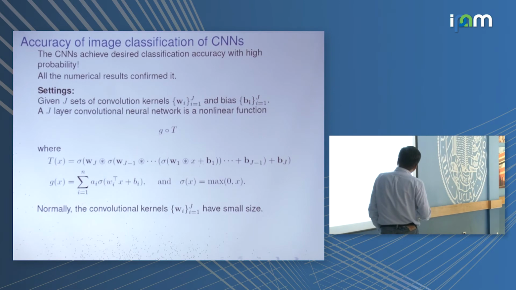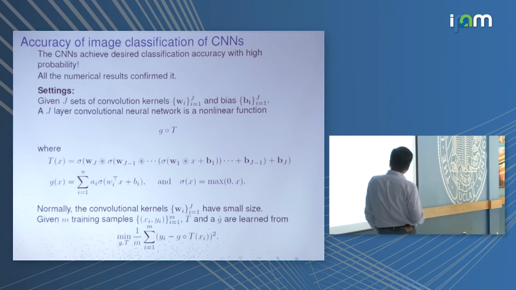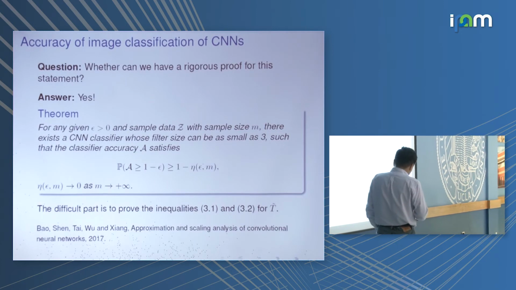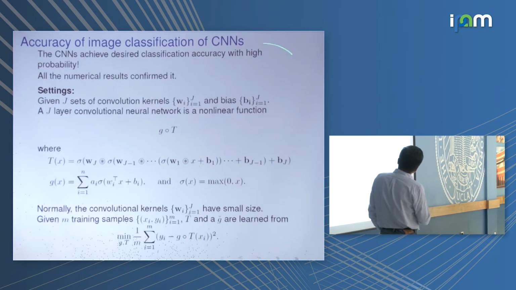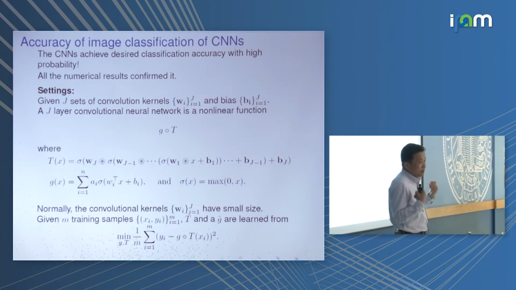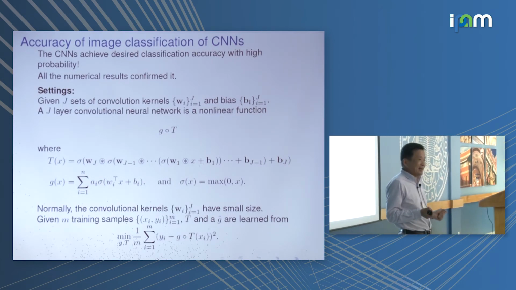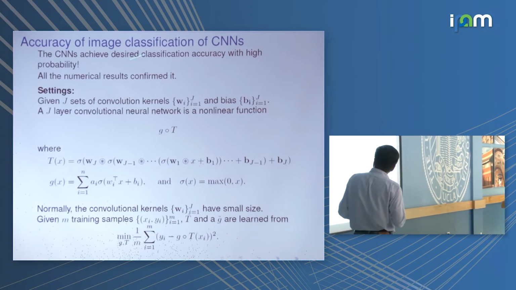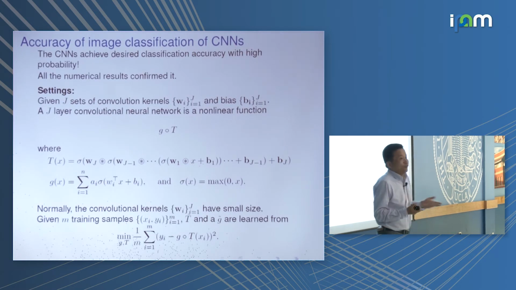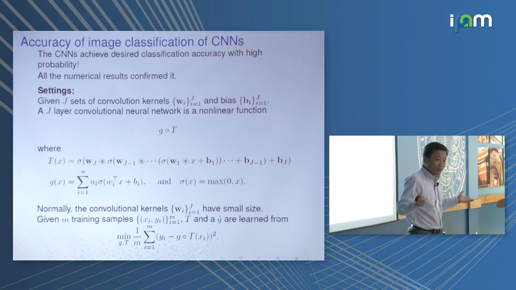So what are the results? All the numerical results tell you that after you train your CNN nicely, it achieves the desired classification accuracy with high probability. You cannot say for sure, but most likely it's very true.